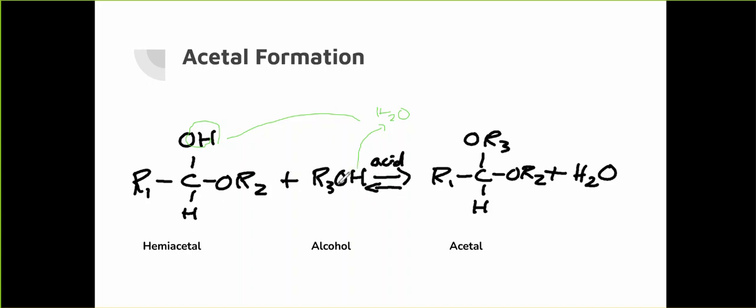And then that leaves this portion right here. So that goes in and connects to that carbon. And so you end up with water as your byproduct. And you're going to have R1C, OR3, OR2H. And this is an acetal.